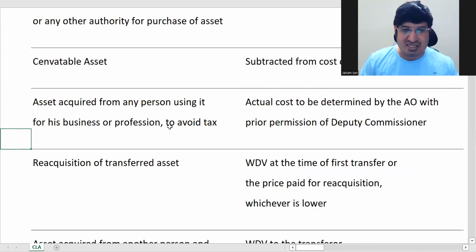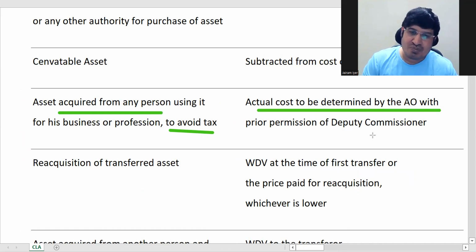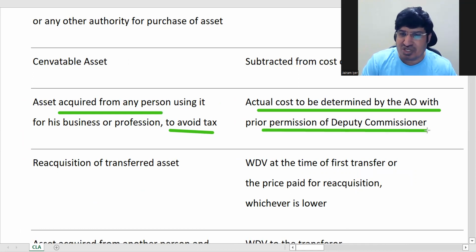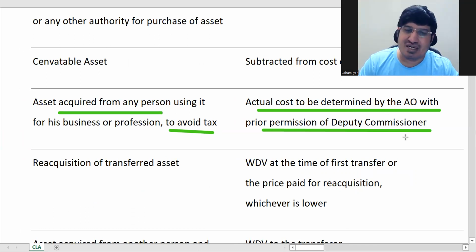So this is the first case: asset acquired from any person to avoid tax. Here the actual cost is to be determined by the AO, the assessing officer, with prior permission of the deputy commissioner. So in this case he'll just take the same WDV, but technically he will determine it with prior permission from the deputy commissioner.